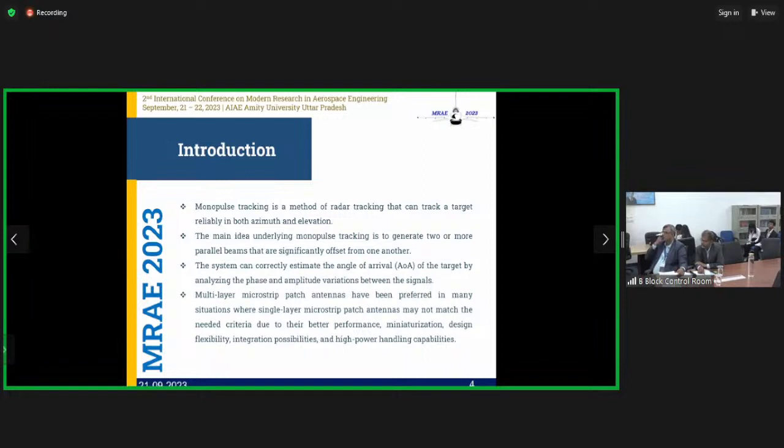The main idea underlying monopulse tracking is to generate two or more parallel beams that are significantly offset from one another.